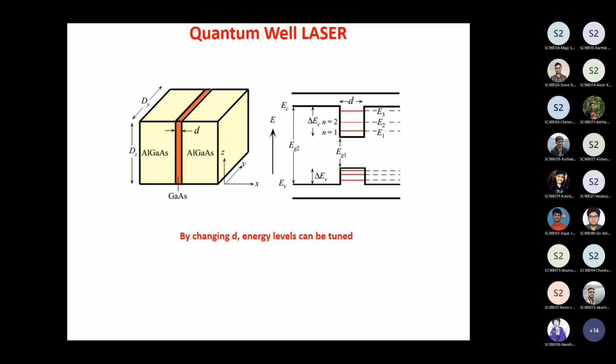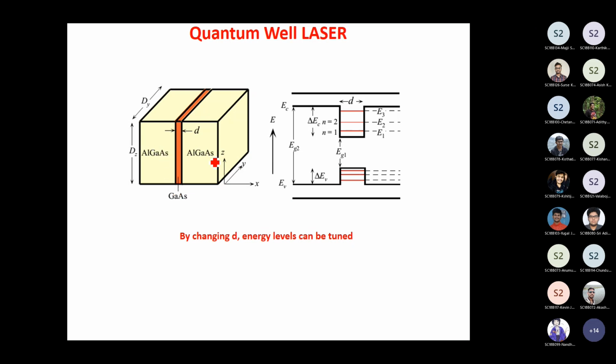So one way by which you can adjust the wavelength of operation of a laser diode is by using what is called a quantum well laser. You know what a quantum well is? You take a narrow bandgap semiconductor material and sandwich it between two wider bandgap materials. So this is gallium arsenide, and these two are aluminum gallium arsenide.